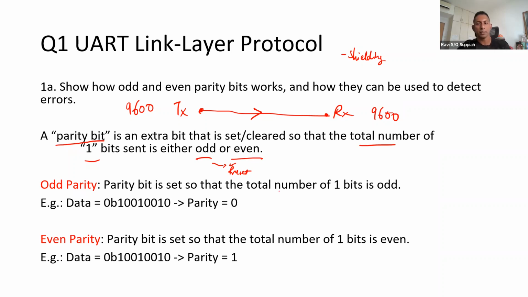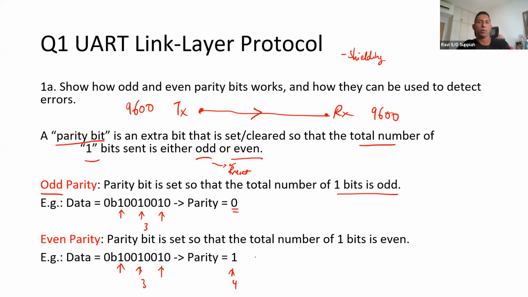So a simple example is this. If I say odd parity, it means the total number of ones is odd. If I look at the actual data here, I have 1, 2, and 3 ones. So 3 is already odd, so for the parity, I don't need to add anything. Whereas if I had even parity with the same data, I have 3 ones, so I need to add one more, so it becomes 4 ones, which is an even number.